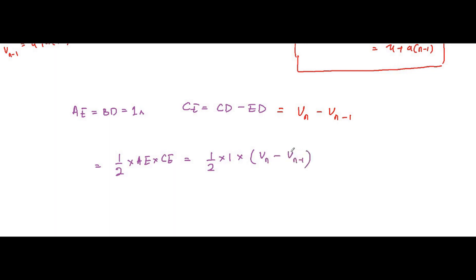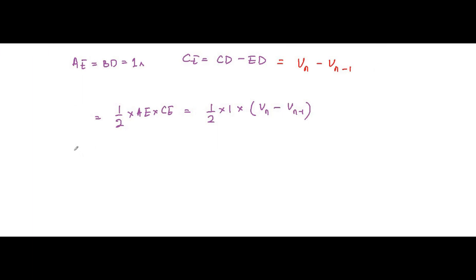Basically it is equal to 1/2 into Vn minus Vn minus 1. Using V is equal to U plus AT, Vn is equal to U plus An, and Vn minus 1 is equal to U plus A into n minus 1.